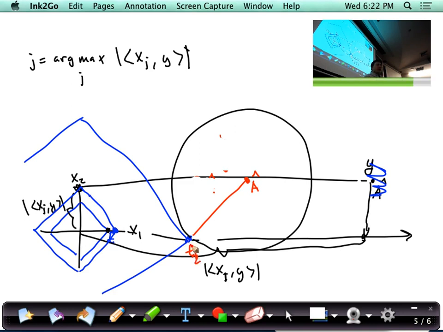But if I make this any bit bigger, now the closest solution is going to be right here. And now it has an x2 coordinate in addition to an x1 coordinate. So there's some magical point t2 where I start needing 2 coordinates instead of 1 coordinate.